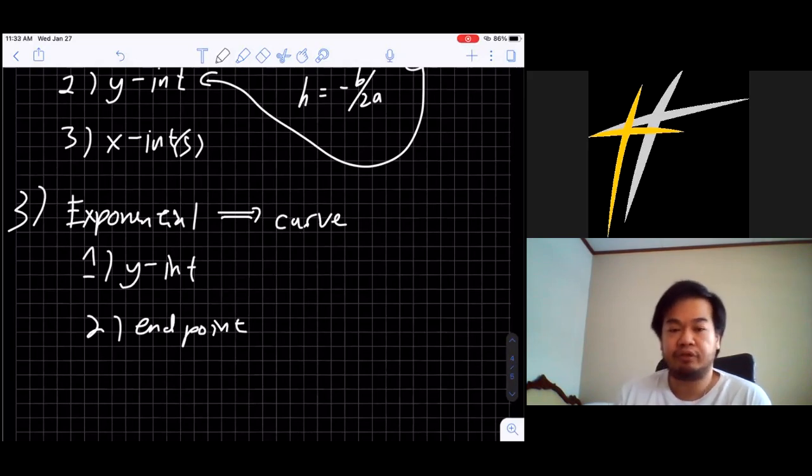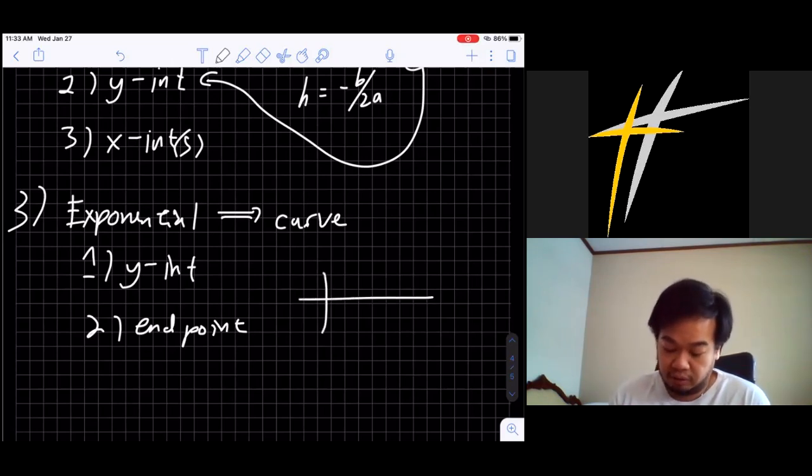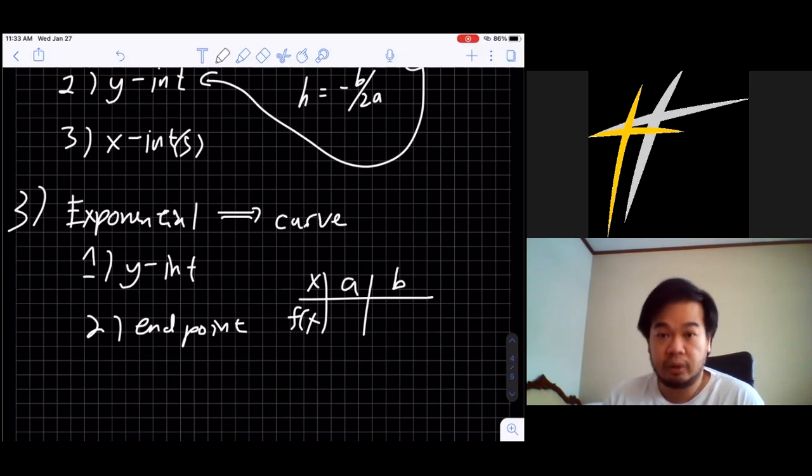So for example, if your integral is evaluated from 0 to b, or a to b, then you need to create a table of x and f(x). Find the value of f(x) when x equals the lower bound and the upper bound, to sketch the graph, which is a curve.